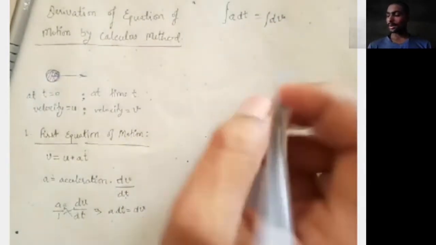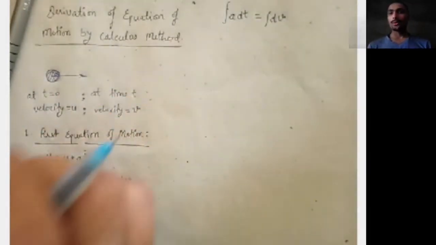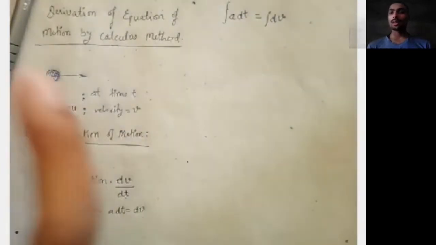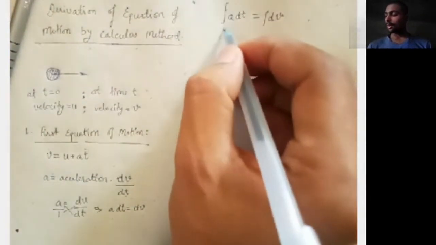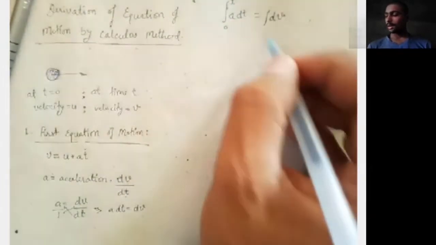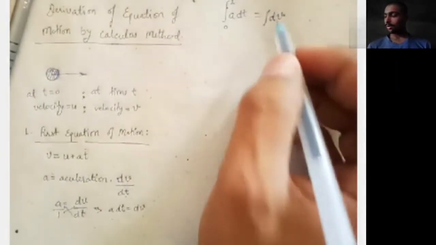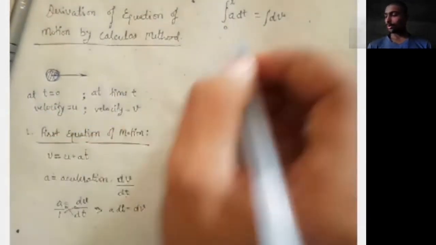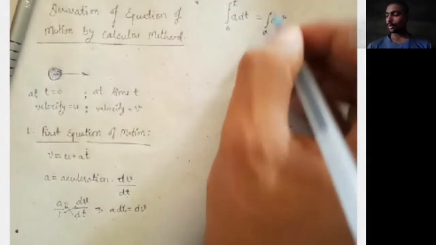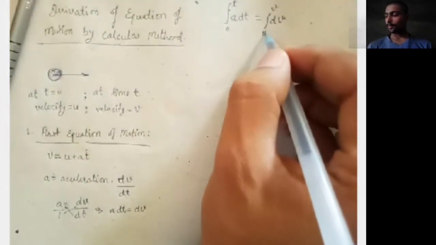It's a simple rule that if we merge small dv, we will get the complete velocity. Now the limit is t equal to 0 to t. At t equal to 0, what was the velocity? It was u. So velocity is ranging from u to v.